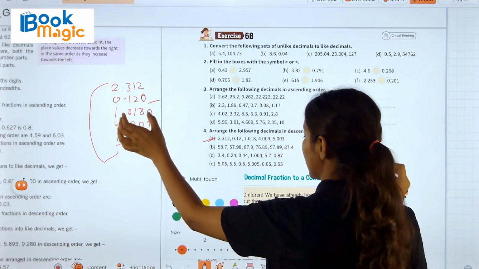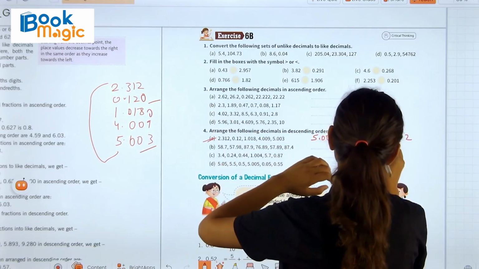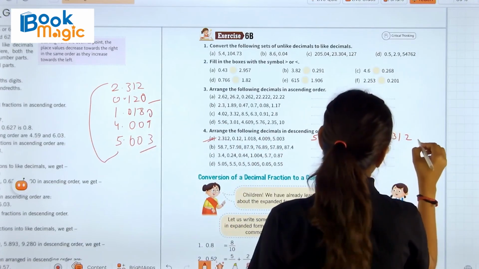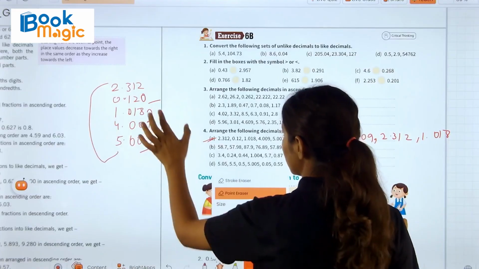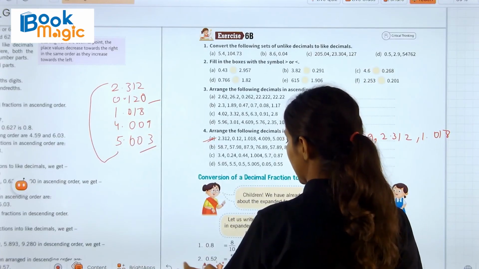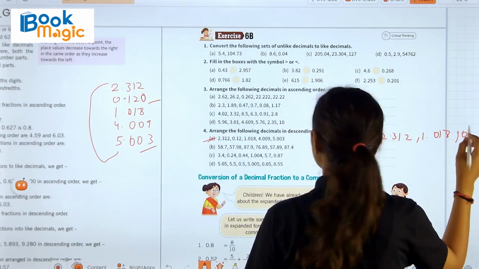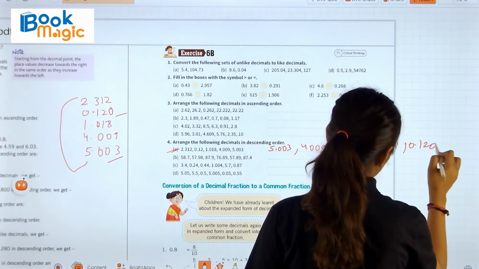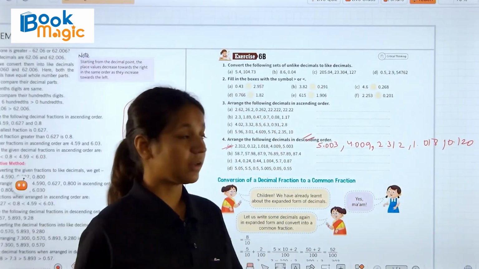After 4, now we have 2.312. Then we have 1.018. After that, we have 0.120. This is how we will do the descending order arrangement of the numbers.